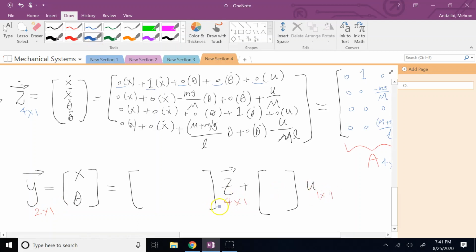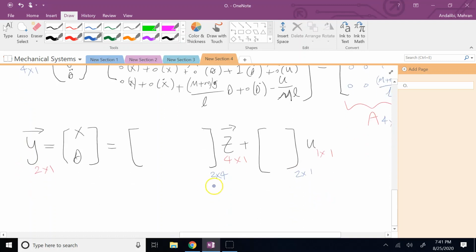Therefore, the dimensions of the C and D matrix, this is going to be a 2 by 4, this is going to be a 2 by 1. Okay, and again we call this matrix C and we call this matrix D.